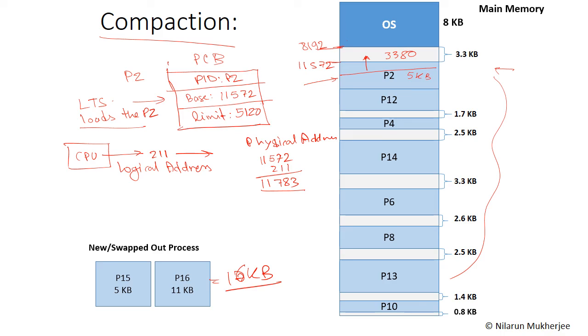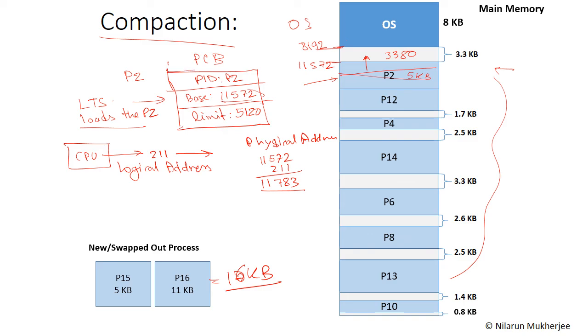But if it is moved, and I still try to access the data with this address, I will land on a different data point. So this cannot be done. I need to change the base address. Is it possible?